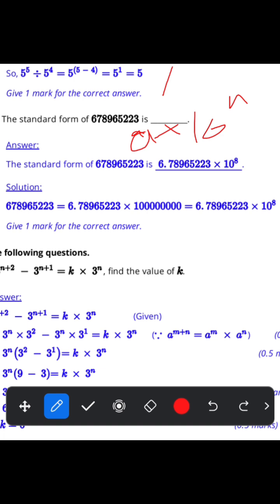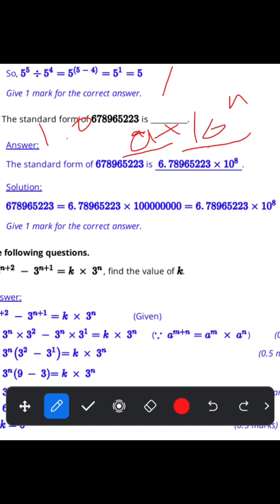Here a is a decimal number whose value is from 1.0 to 10, multiplied by a power of 10.